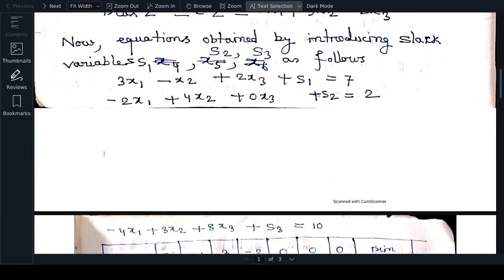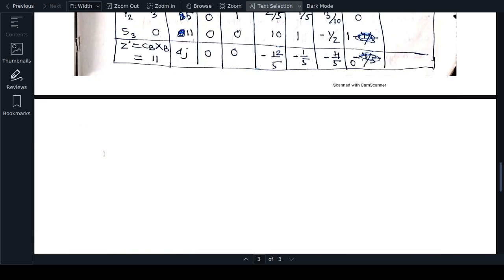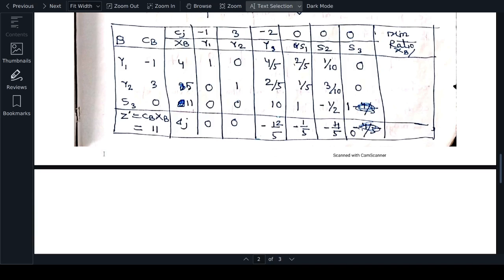So y1 represents the value of x1, so x1 equals 4. y2 represents the variable x2, so x2 equals 5. And here you see there is no x3, so the x3 value will be 0, not 11. 11 is the value of s3.